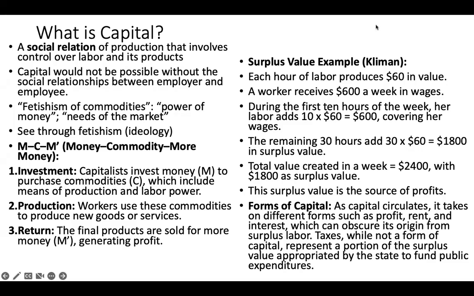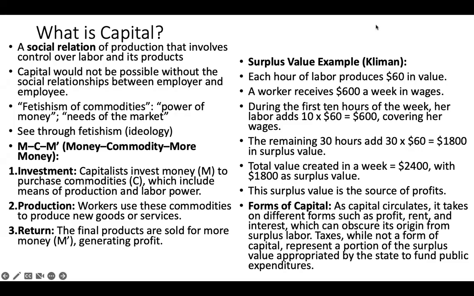So capital is not just money. Capital is what the worker is producing, what is then sold by the capitalist, and then finally it takes the form of money, you could say, and then is again fed back into the system to expand the system even more.